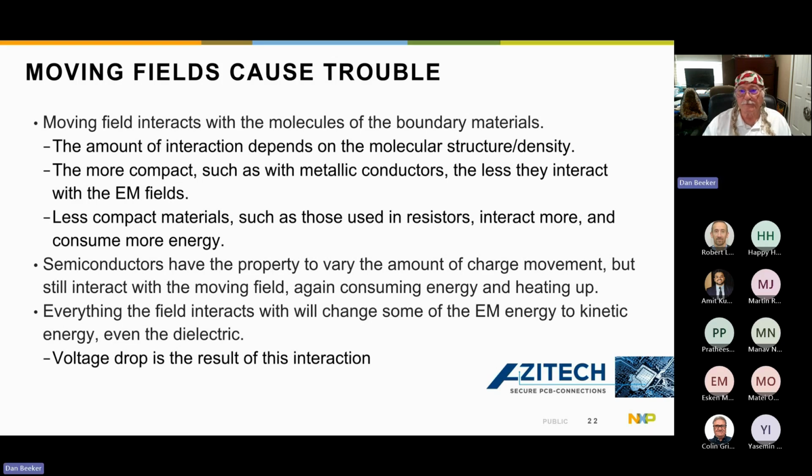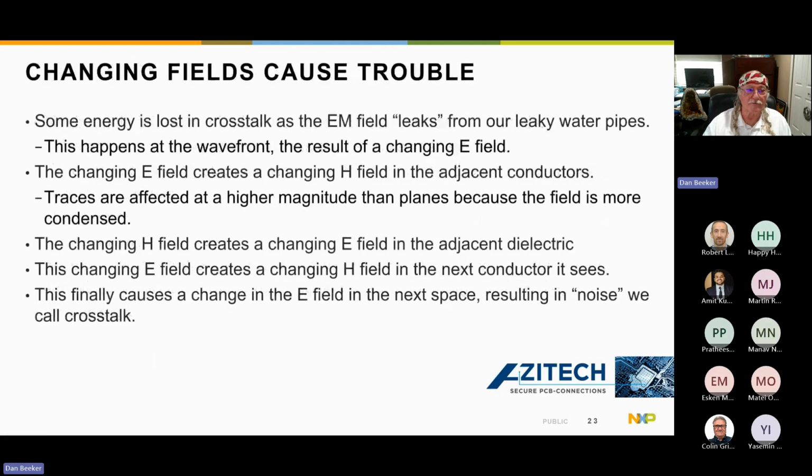So the more compact materials will prevent interactions, and the less compact materials will encourage interactions. Semiconductors just have a way of changing their ability to make that connection between the two wires. So all of this is about energy moving through the space and interacting to some extent with the materials that are in these transmission lines.